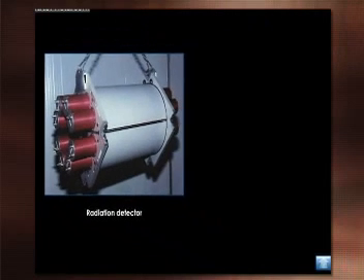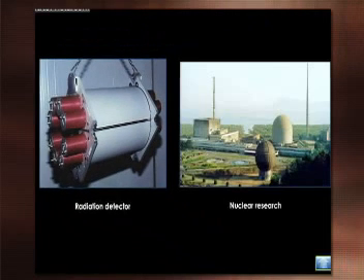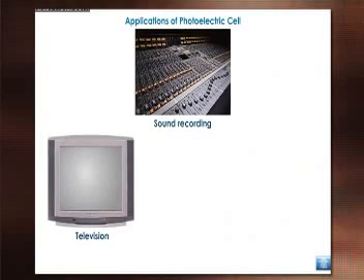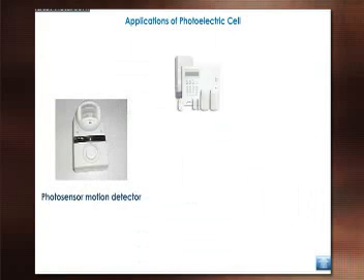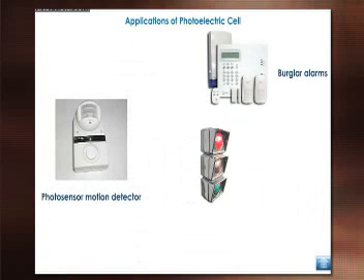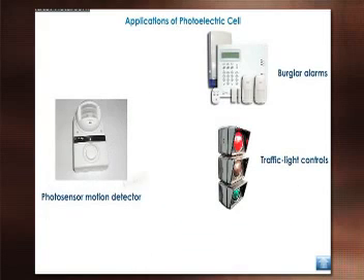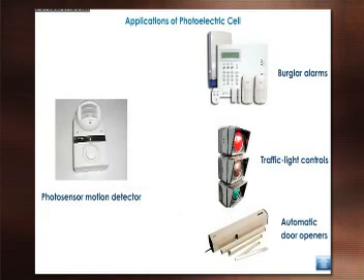These cells can be used to detect radiation, which is extremely useful during nuclear research. They are also used more commonly in televisions, burglar alarms, traffic light controls, and in photosensor motion detectors.